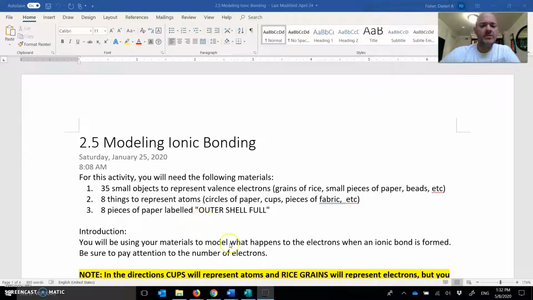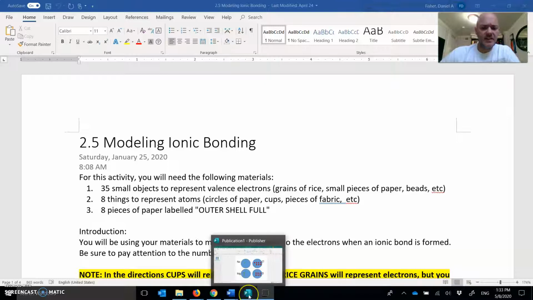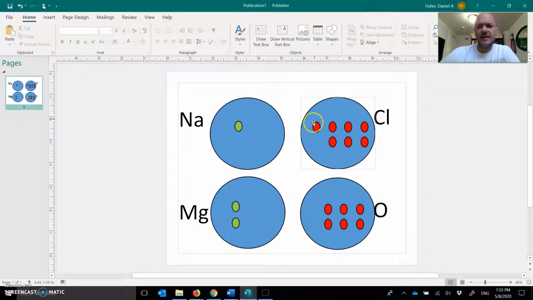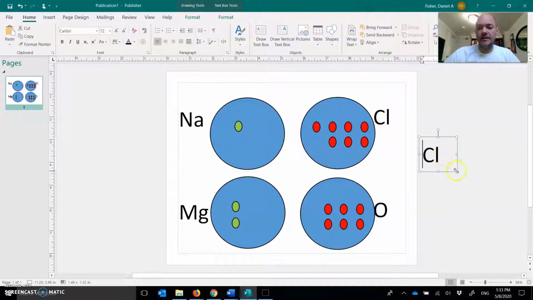I'm going to show you a little bit of what I've got. I have it set up just for me to do, so I can do it for you on the computer. So I've got these circles that represent the atoms. I've got things to represent valence electrons, and I forgot to do a thing that says outer shell full, so I'm going to make that right now.